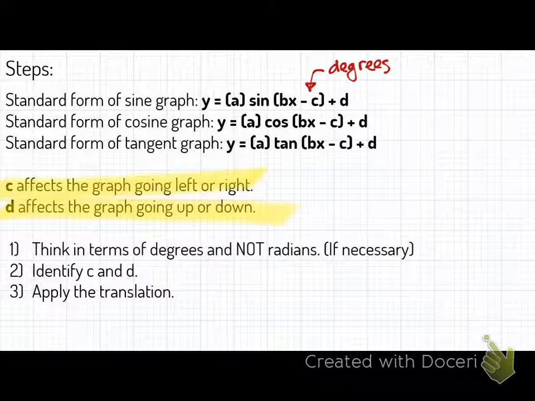So why don't you pull out your unit circle, and let's practice converting. Because remember, degrees and radians mean the same thing, okay? So the big idea, think in terms of degrees, not radians. And, of course, what does D affect? Only what does D do? Up and down, okay? There we go.